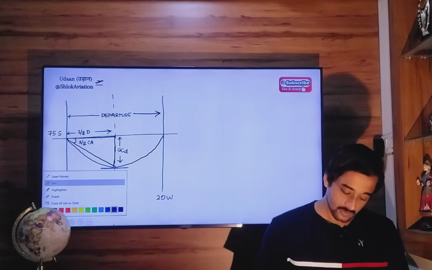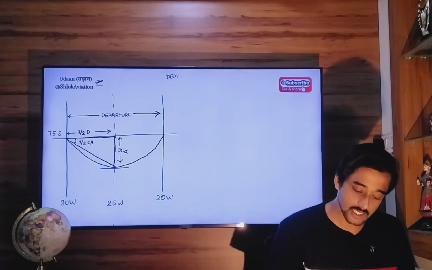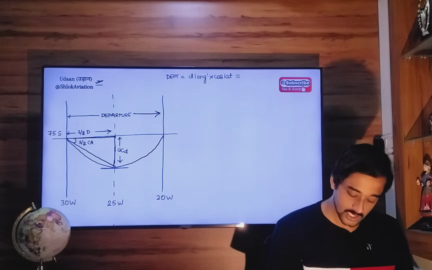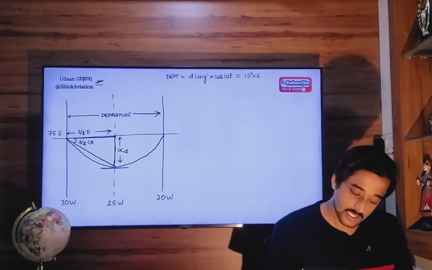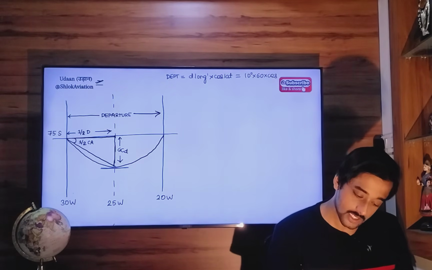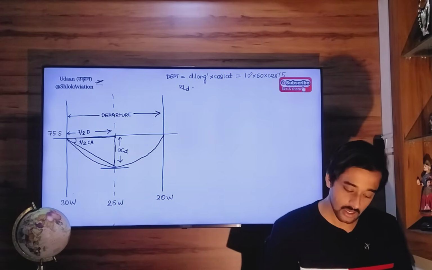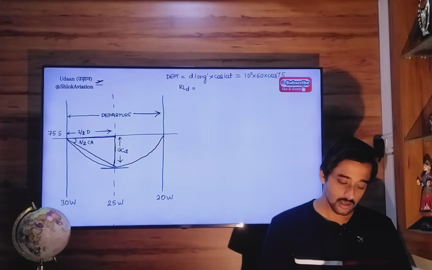Step 1. Departure or rhumb line distance equals d long in minutes into cos lat. What is d long? 30 west, 20 west, so 10 degree into 60 into cos of 75. So rhumb line distance will be 10 into 60 into cos 75.